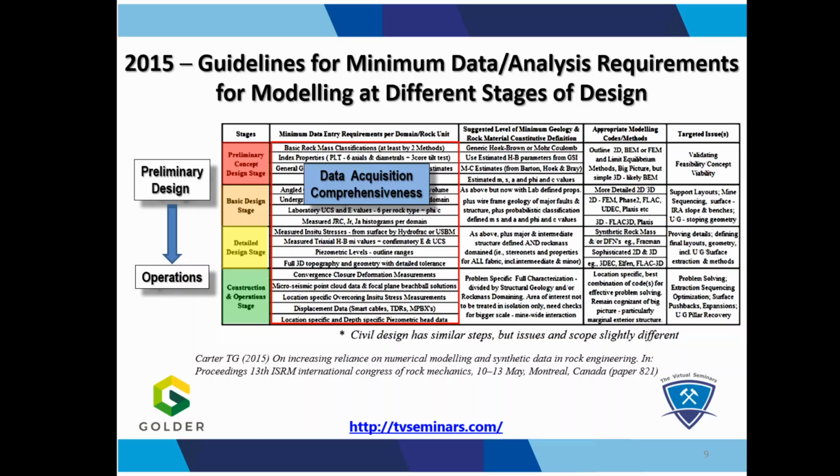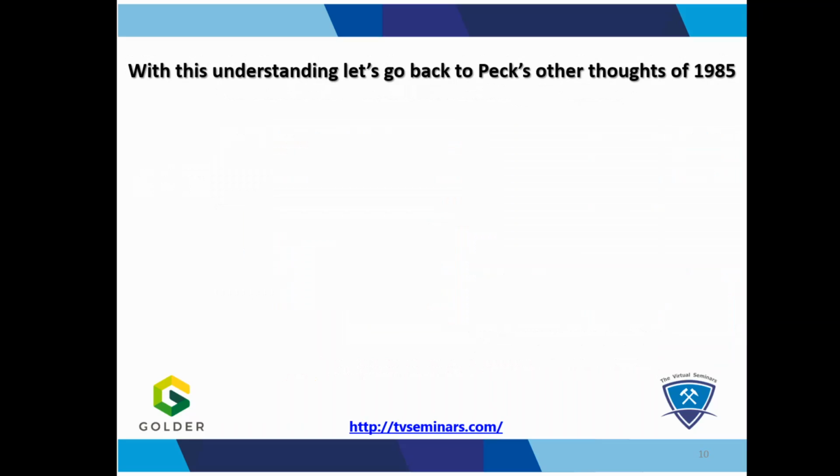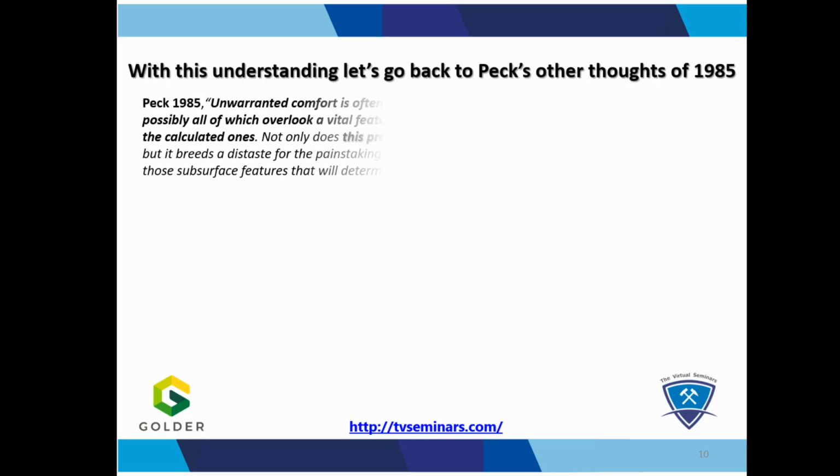The table identifies the need for detail in the investigation, the types of constitutive relationship and simplicity that we need at each stage, perhaps the appropriateness of the methods and codes at each level, and finally, what we are actually trying to achieve at the various stages. So with this understanding, let's go back to Peck's other thoughts of 1985.